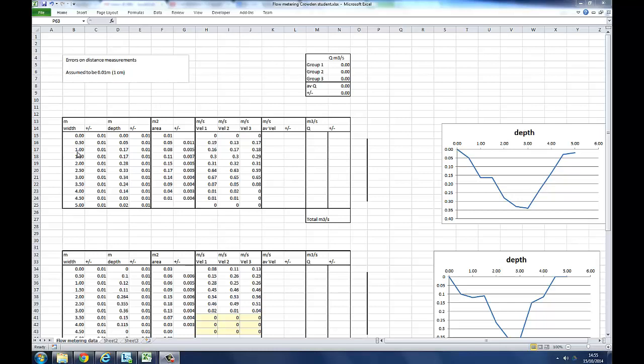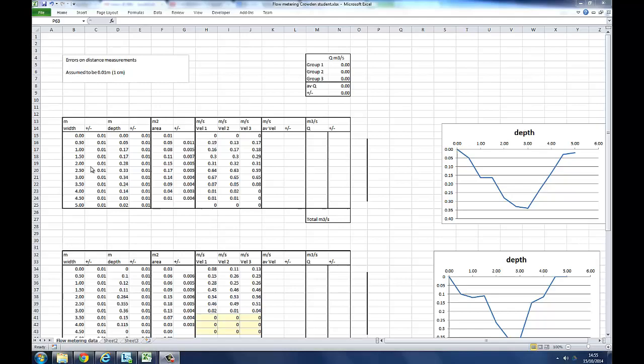And similarly, when you stretch the tape across the river, it's not exactly horizontal, so there are errors because of that. So I've put down an assumed error of 1 centimetre on each of these measurements. It's not a percentage of the measurement, it's actually a 1 centimetre error. And largely that's also because of the resolution of the tape as well.